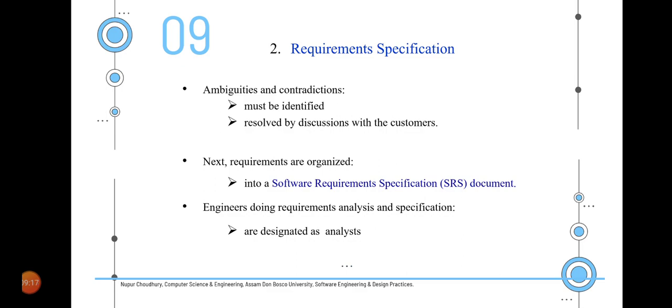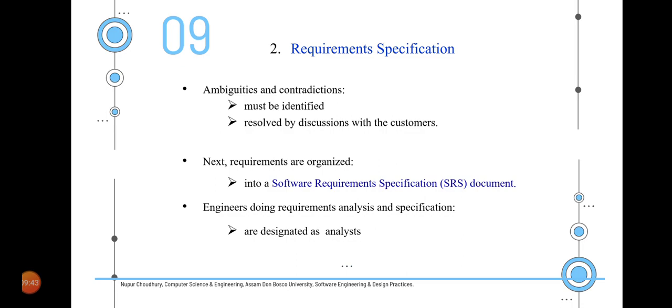And finally, after these ambiguities and contradictions are also removed, we have to document the requirements into a particular document which is known as software requirement specification document. So this SRS document is extremely important from the perspective of completion of this particular phase as well.